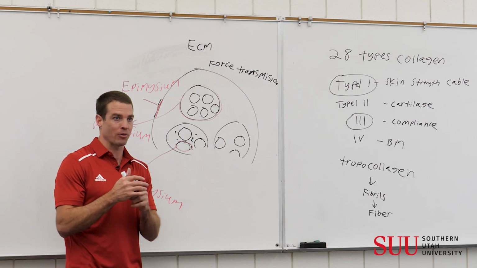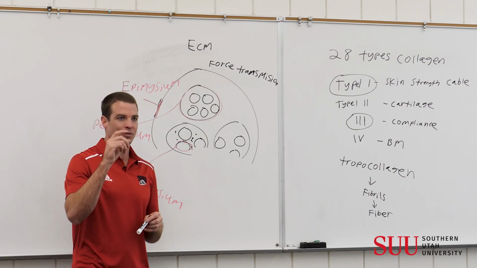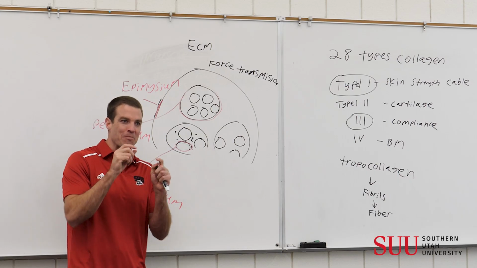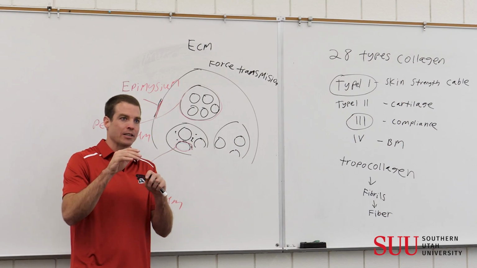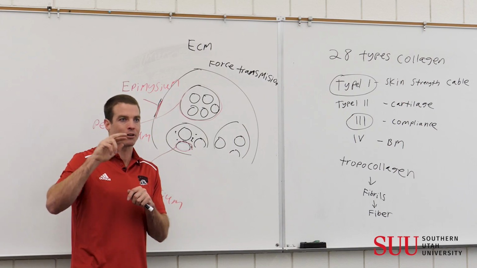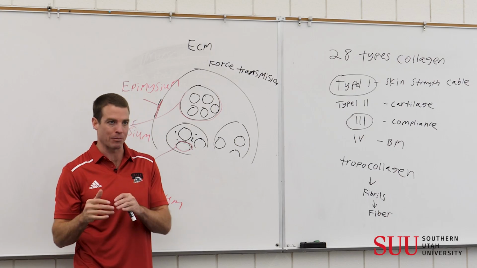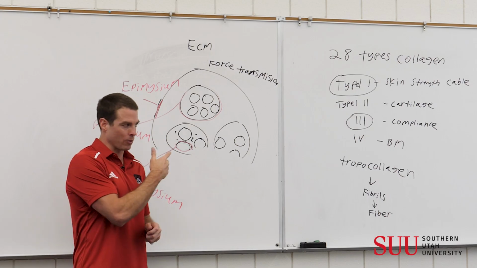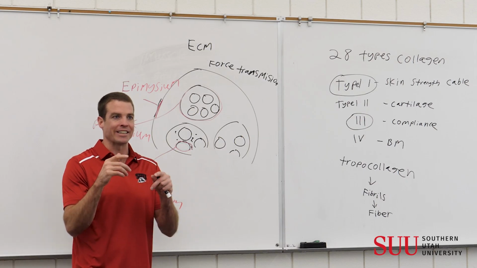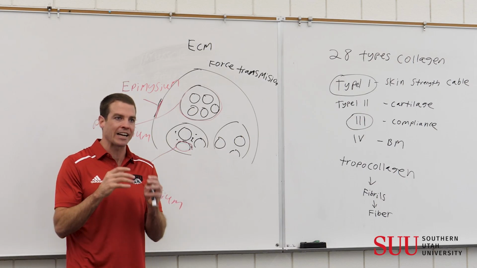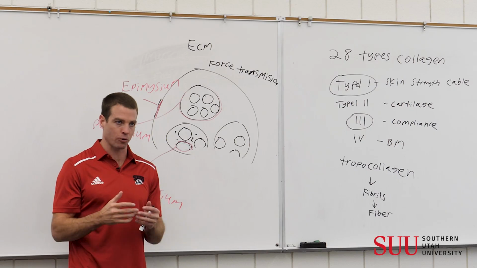Now, for the basement membrane, we go into a little bit more detail here. We call it the basement membrane region. It has two parts: the basal lamina and then the reticular lamina. I'll show you here in just a minute. But the basement membrane region is basically the immediate extracellular matrix surrounding the muscle fiber.